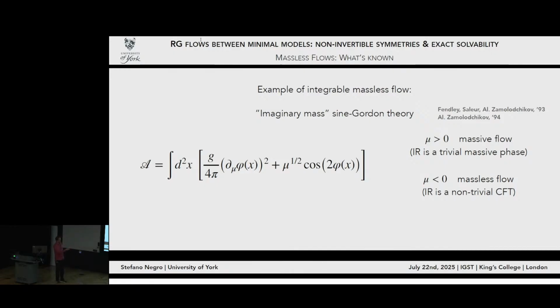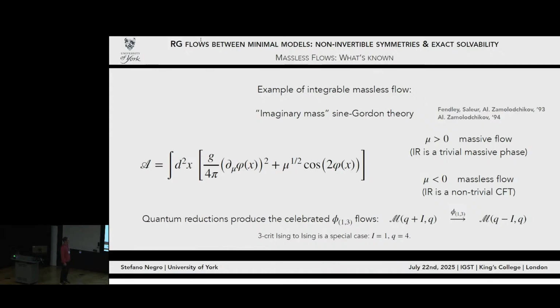While, very famously, if mu is bigger than 0, then you get a massive flow, and the theory flows to an empty fixed point. And for this theory, you can also perform quantum reduction on the quantum algebra that underlies Sine-Gordon, and you can produce the phi 1,3 massless flows that go from M(p,q) plus i q through the field to the relevant field phi 1,3.